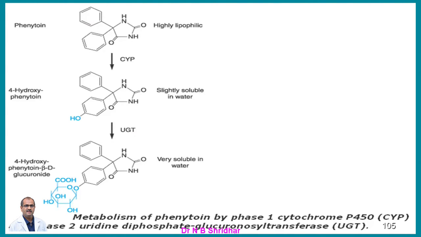Here you can see an example: the metabolism of phenytoin by the phase 1 cytochrome P450 enzyme, and the phase 2 uridine diphosphate glucuronyl transferase, also known as UGT. Many times, if a drug is administered, first it undergoes the phase 1 reaction, maybe oxidation, reduction, or hydrolysis, as you know very well.